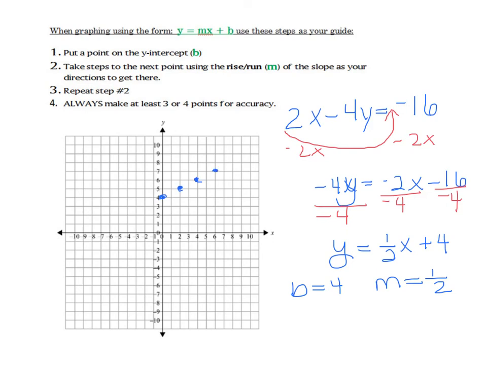And if I want to go in reverse, I would go down 1, back 2. And draw my line. So you see how quickly you can sketch a line when you have an equation in y equals mx plus b form.